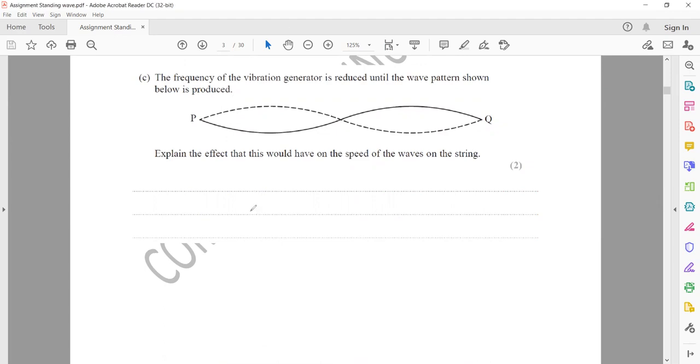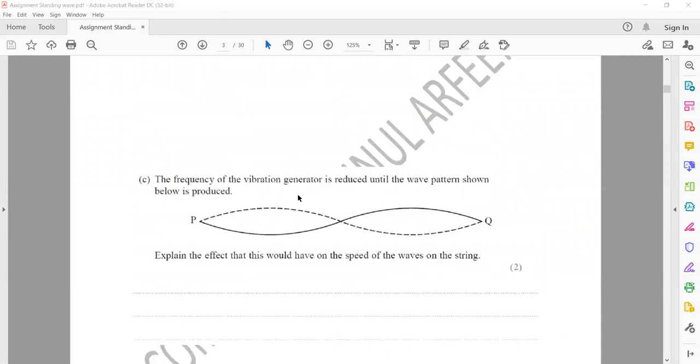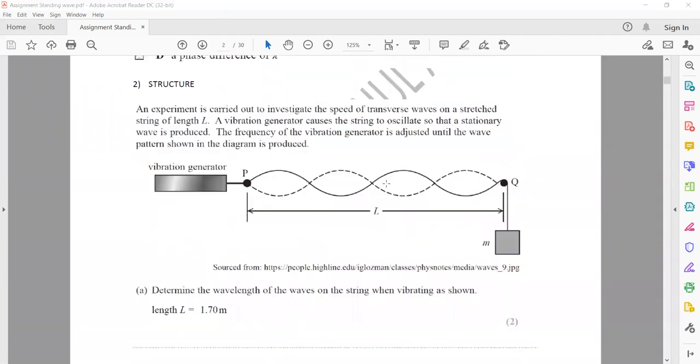We are decreasing the frequency, so we have the formula. The first one had more vibrations, so it had high frequency and shorter wavelength. Frequency is more, wavelength is less, and the speed in that case was 20.9 meter per second. But now what happened?